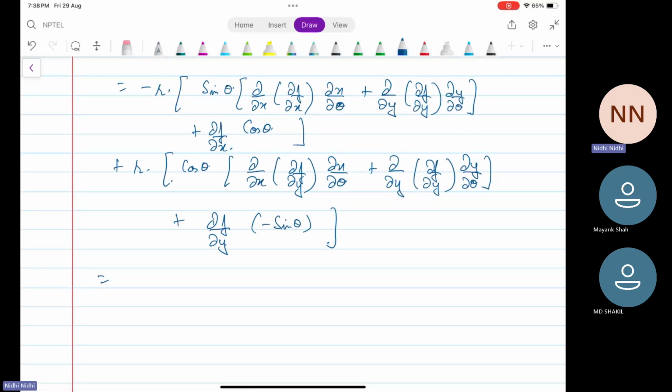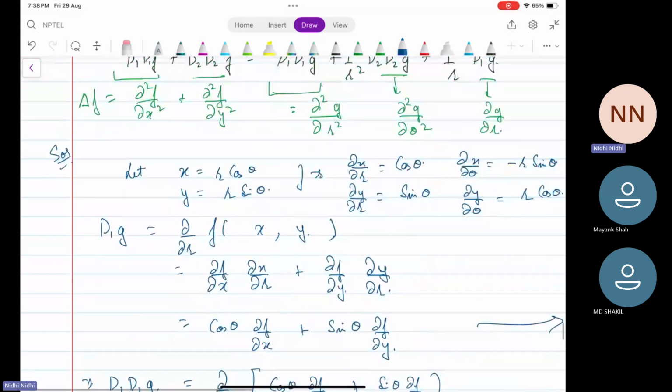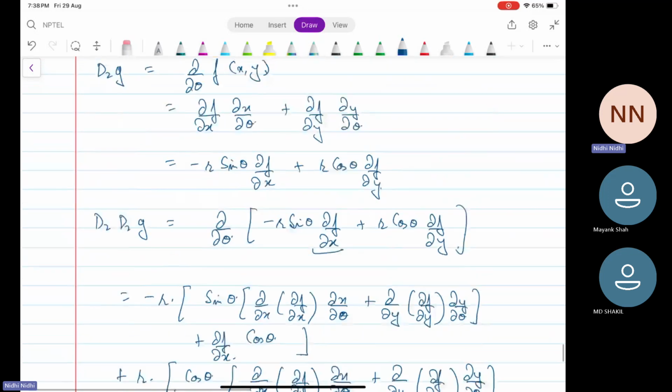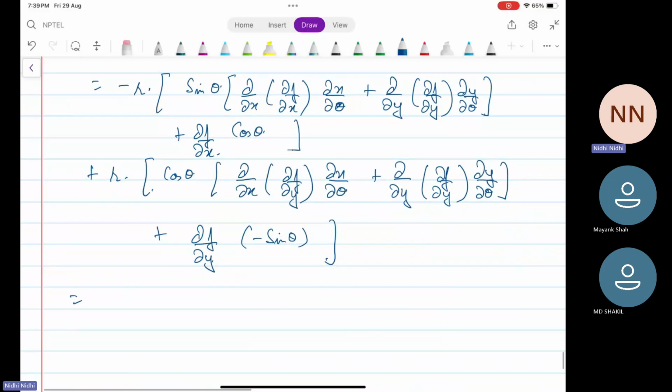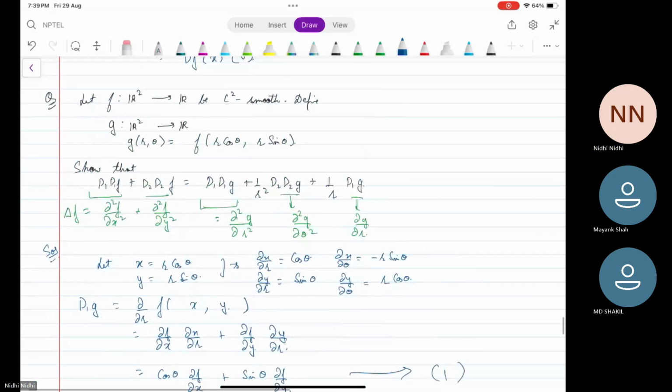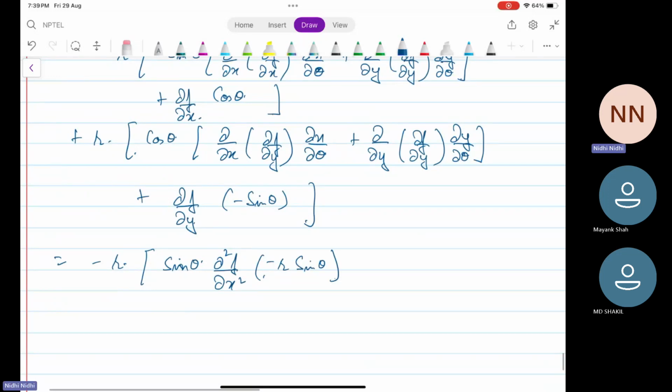So now, this is equal to, since dx by d theta is minus r sine theta. So I'll write it again. So minus r sine theta, this is d2f by dx square, and then dx by d theta is minus r sine theta, minus r sine theta.